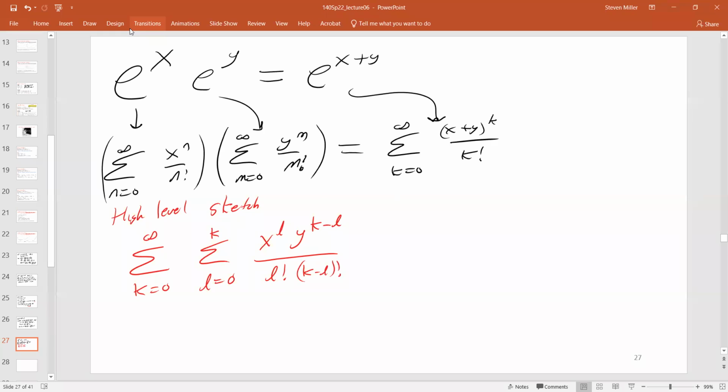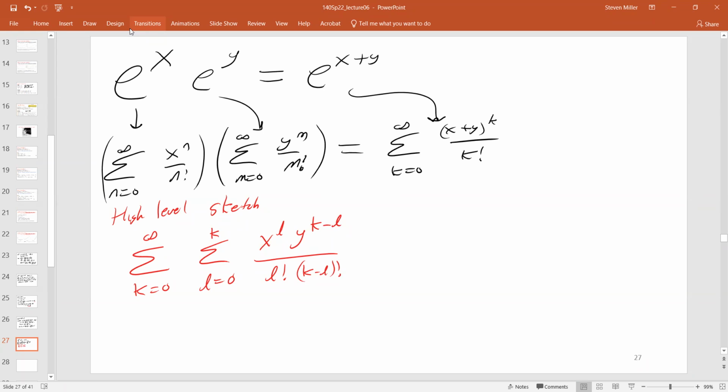You have to justify that you can rearrange terms. We can't always rearrange terms. What I'm doing is I'm collecting all products of x and y such that the sum of the powers is k. So I'm splitting it up so that I collect all things that have the same powers.